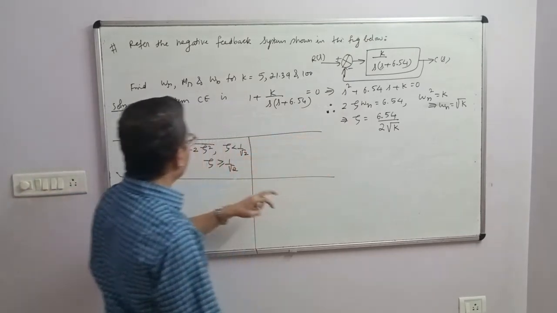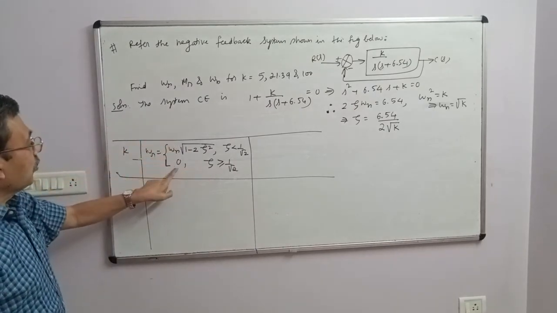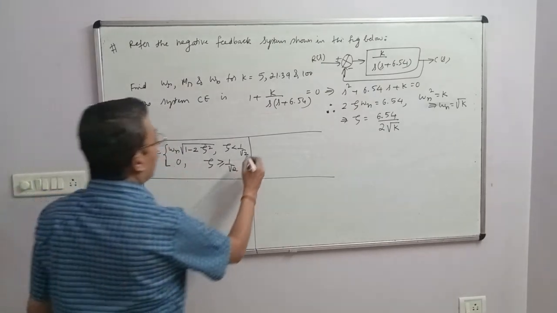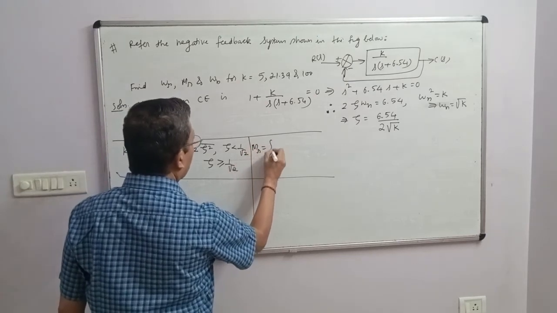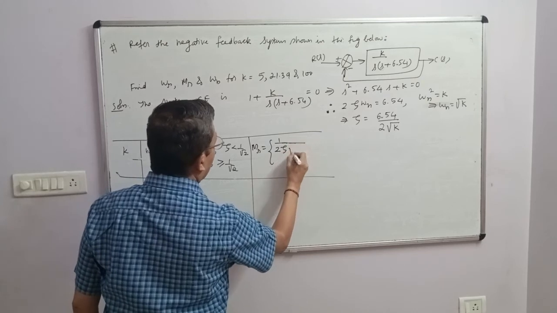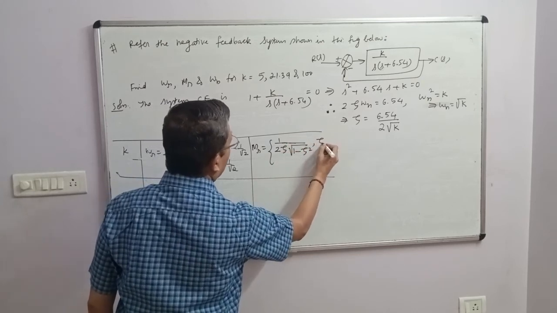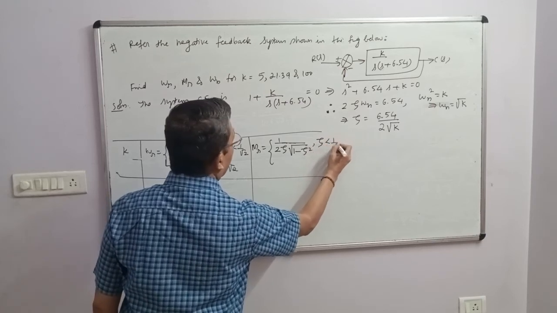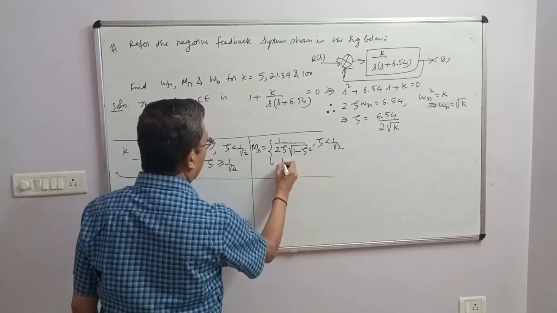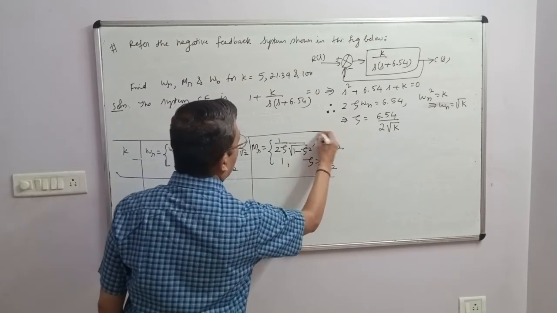If zeta is less than 1 by root 2, use this expression. If zeta is greater or equal to 1 by root 2, omega r is equal to 0. What is the formula for Mr? Mr is equal to 1 over 2 times zeta into square root of 1 minus zeta square. This has to be used when zeta is less than 1 by root 2. Mr is equal to 1 when zeta is greater or equal to 1 by root 2.